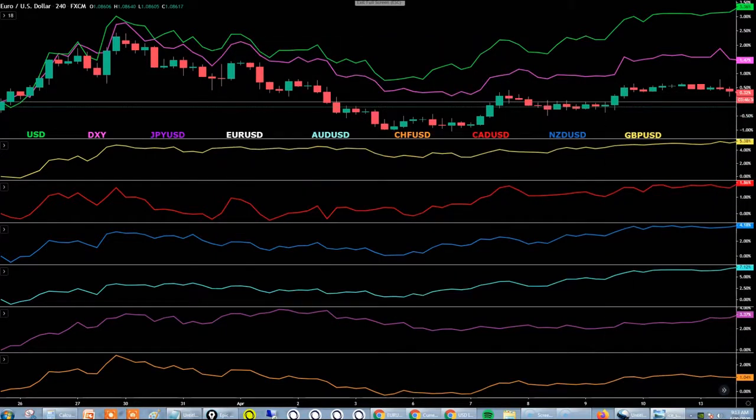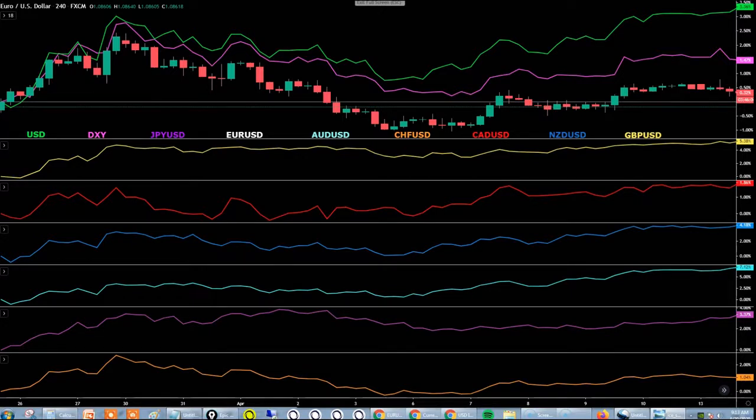The reason is that, in my personal opinion, this is a more accurate way of expressing the real true strength or weakness in the US dollar. Some may argue otherwise, on the basis that the euro will always have more weight than the New Zealand dollar, just because there are a lot more transactions going through the markets in euro terms, and that's absolutely true.